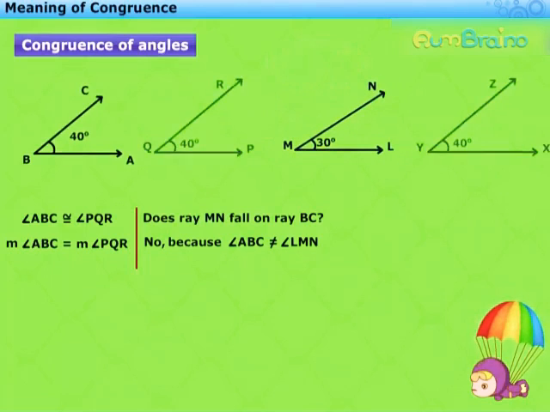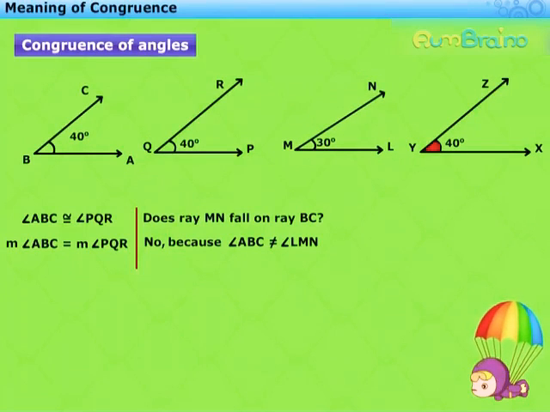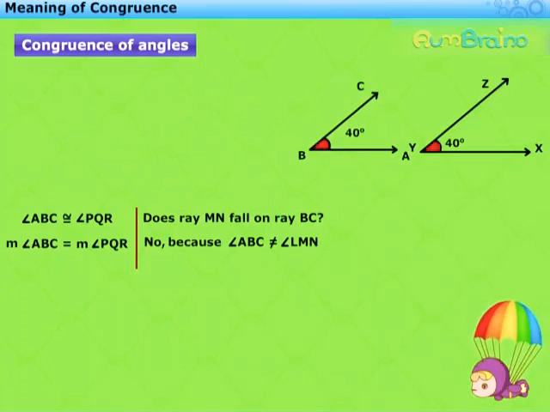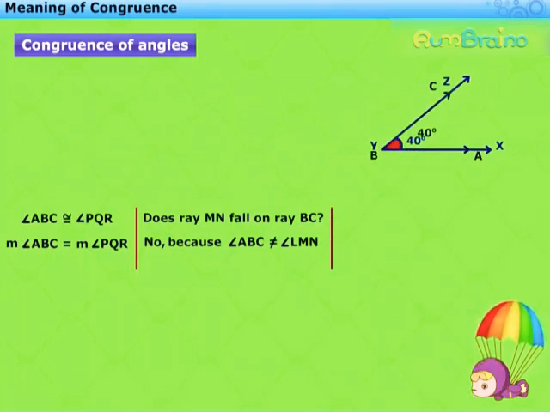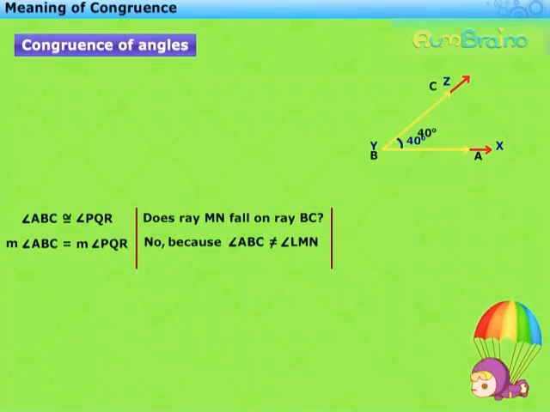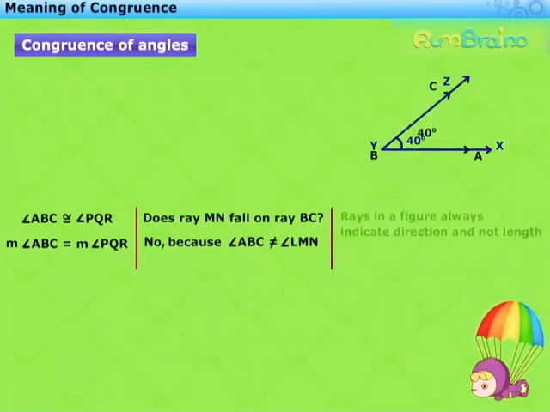Now, try to superpose angle XYZ on angle ABC. Angle ABC is equal to angle XYZ, but ray YX and YZ are longer than ray BA and BC, respectively. We should remember one thing: rays in the figure always indicate direction, and not length.